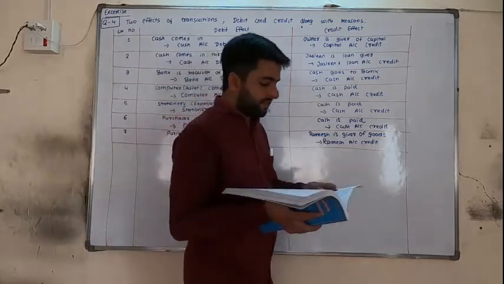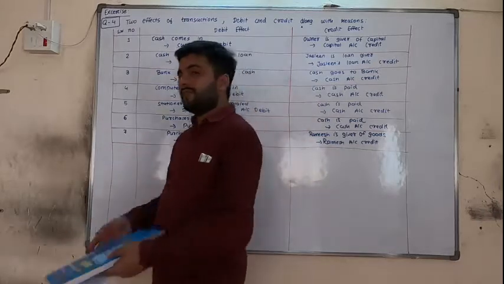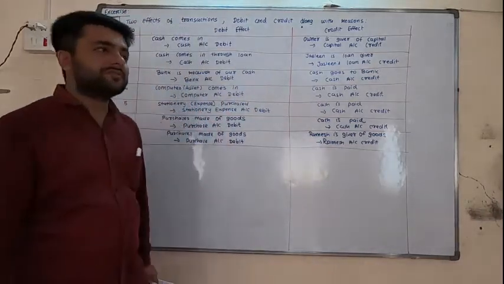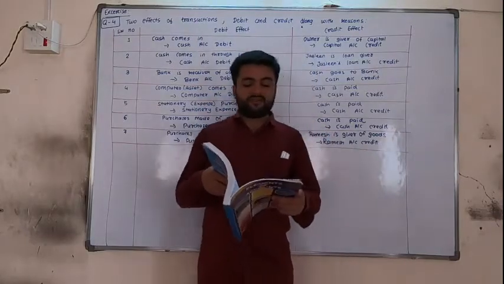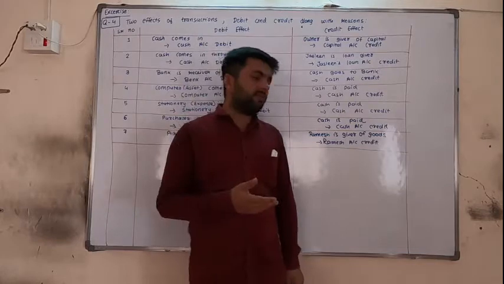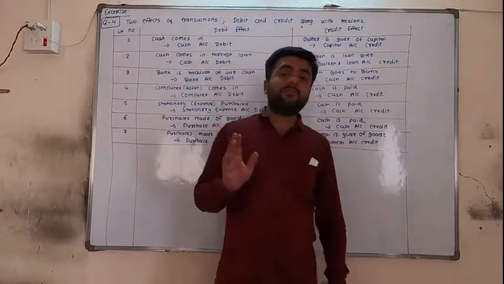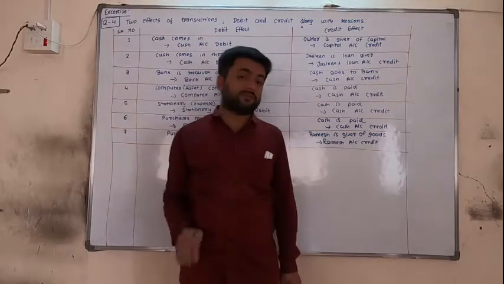Goods of 15,000 sold on cash for rupees 28,000. Now friends, this is only to confuse you. Two amounts are given: goods of 15,000 were sold on cash for 28,000. In big sums, if you want to take the amount, take only 28,000. Don't think about the profit and loss now.